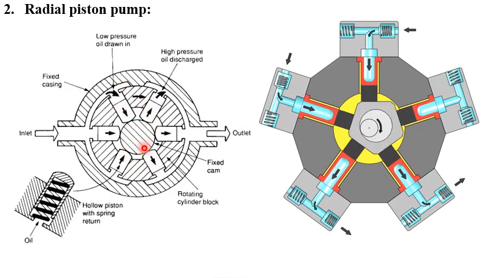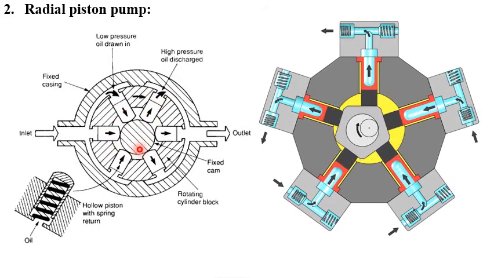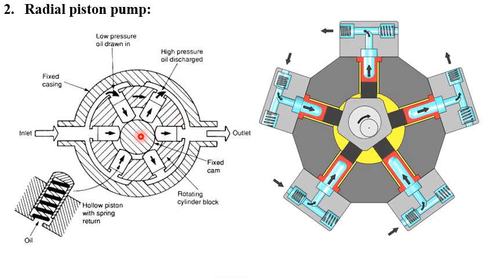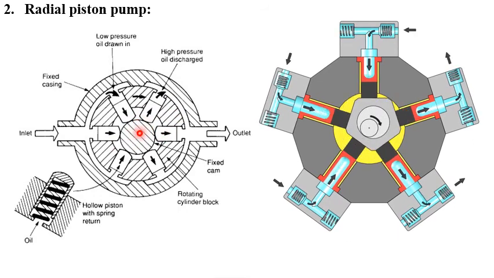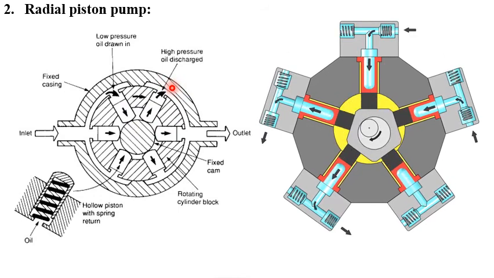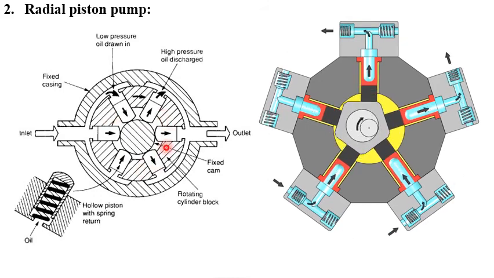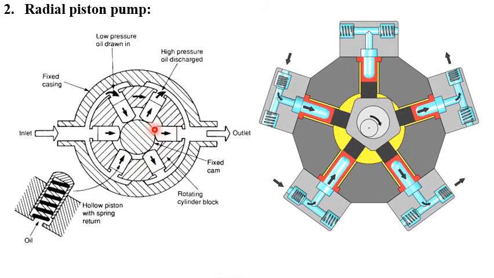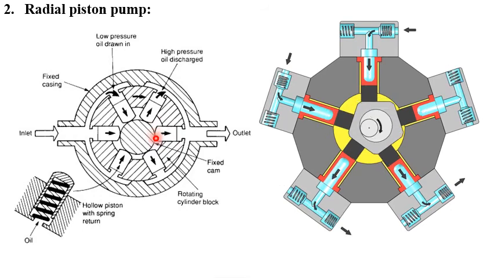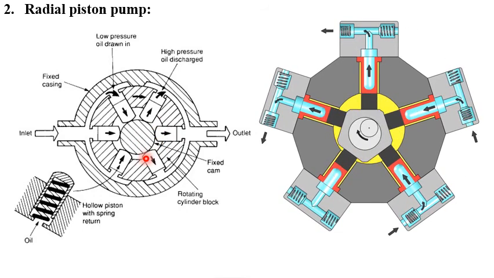The cylinder block and outer ring are placed eccentrically. The midpoint of the cylinder block and the midpoint of the outer ring are placed with an eccentricity. The pistons are thrown out by centrifugal force and pushed back because of the eccentricity between the rotor ring and cylinder block.